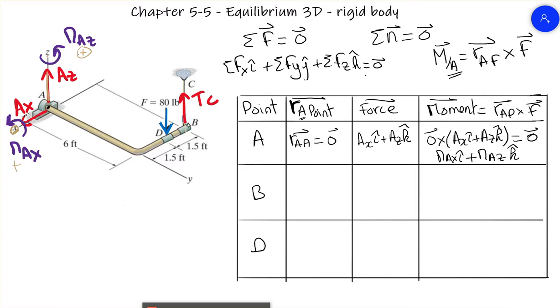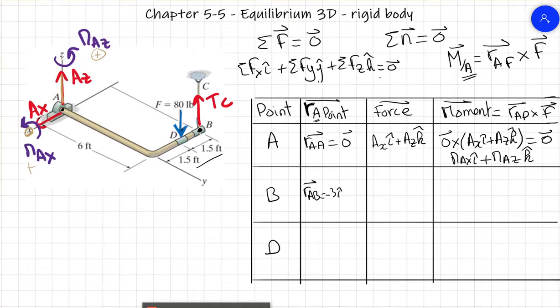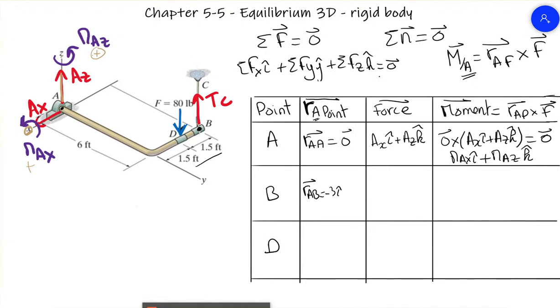Point B, let's do point B. So what we need is RAB, the vector position from the point to the force. So that's this distance, that is equal to minus 3 I hat, and on J hat, I don't see anything there, plus 6 J hat.